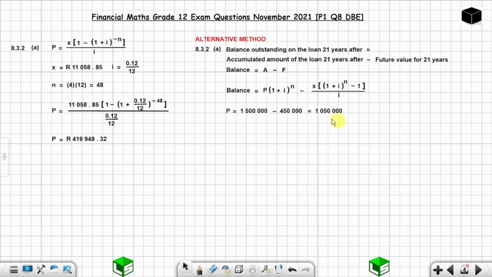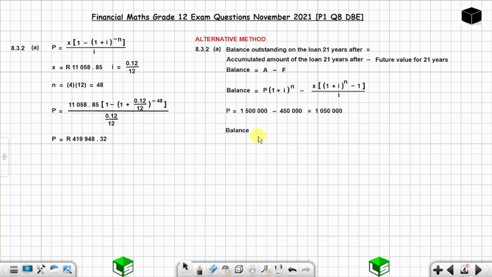Now you can plug everything that you have into the formula. You have I, N will be equal to 21 times 12, compounded monthly. X, this is X, N, 21 times 12 again, compounded monthly, I, this is I.